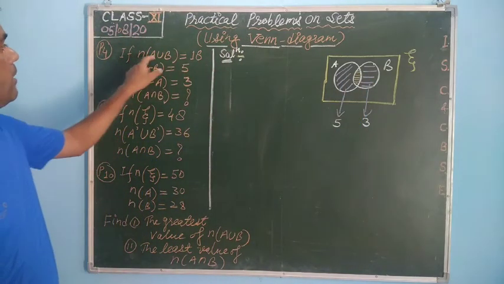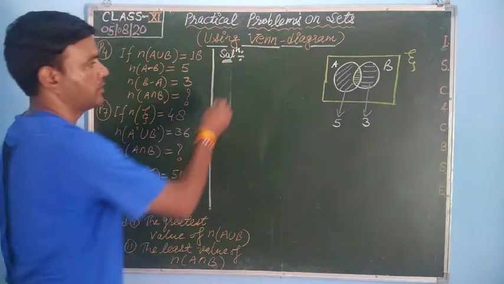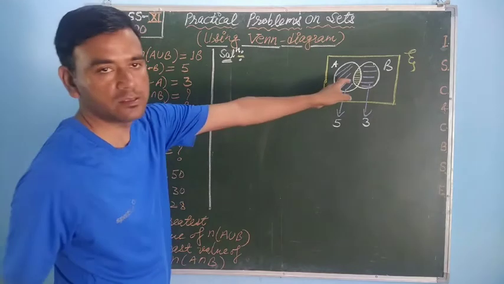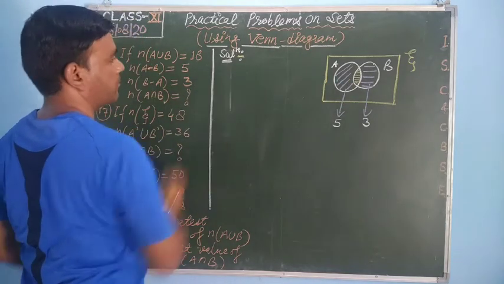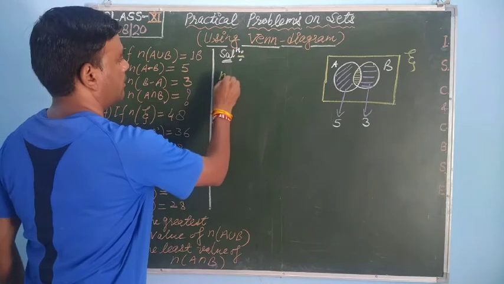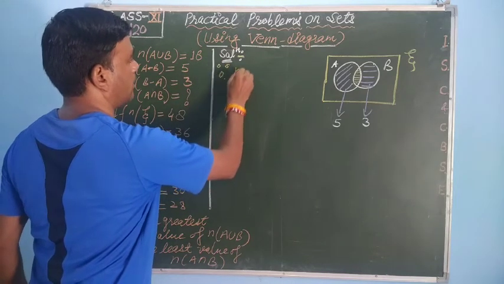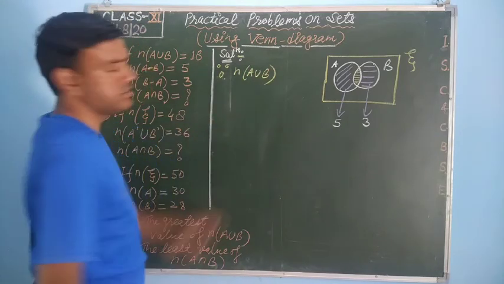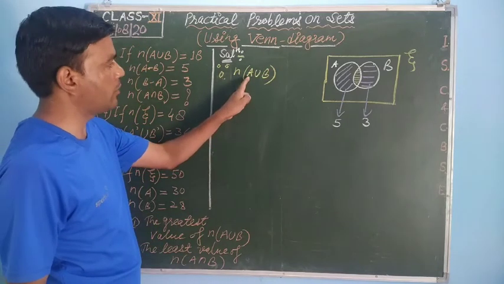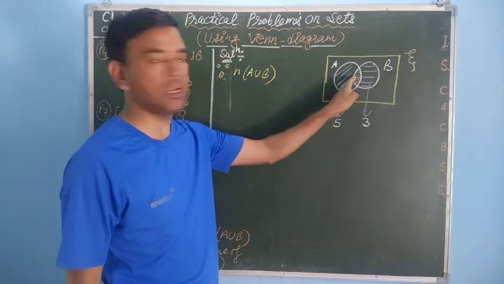See students here, n(A union B) is given as 18. So from this Venn diagram you can see that n(A union B) means those elements which belong to A only, B only, and the intersection.